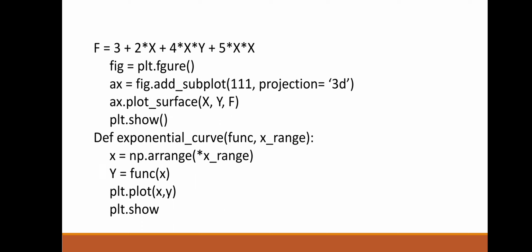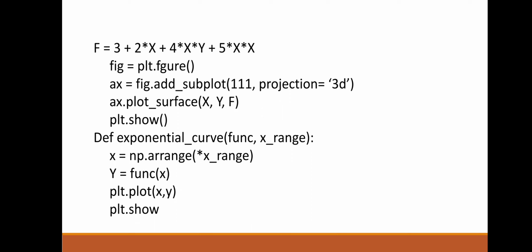Now we are going to define a polynomial curve where the x-axis is given in a range and the y-axis also. So we are going to display this as a mesh grid. Now f is equal to 3 plus 2x plus 4xy plus 5xx, that is x square.